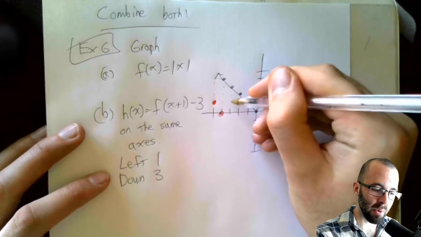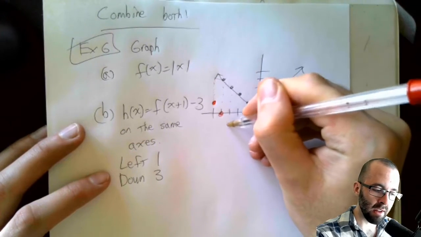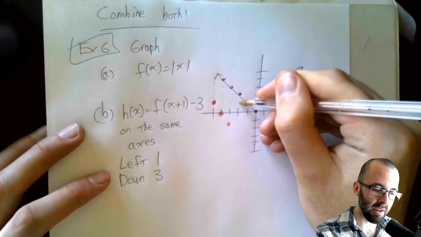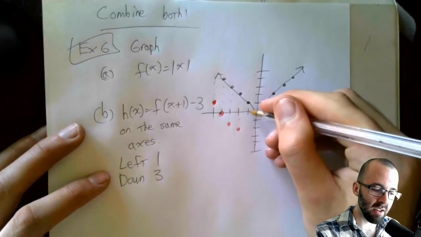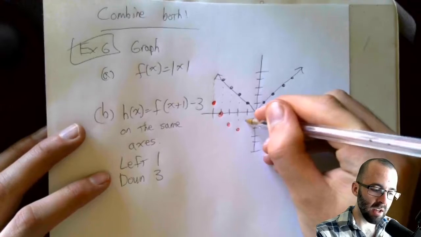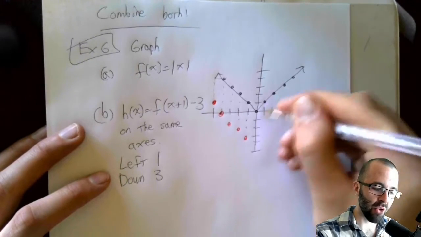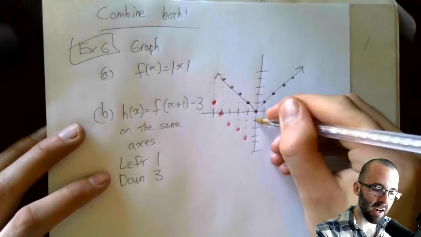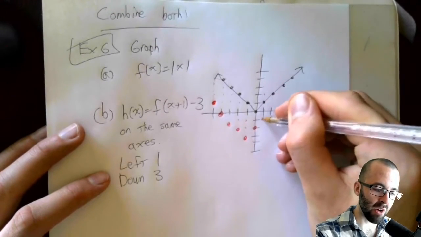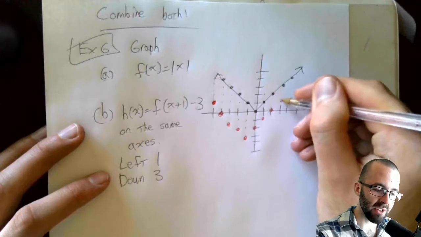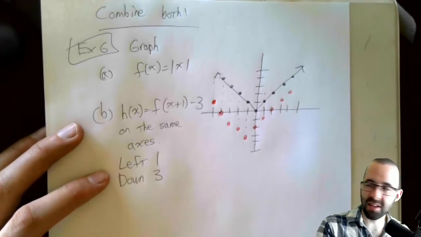This point, left 1, down 3. This point, left 1, down 3. The whole V goes left 1 and then down 3. And again, once you start filling it in, you really do see the pattern.